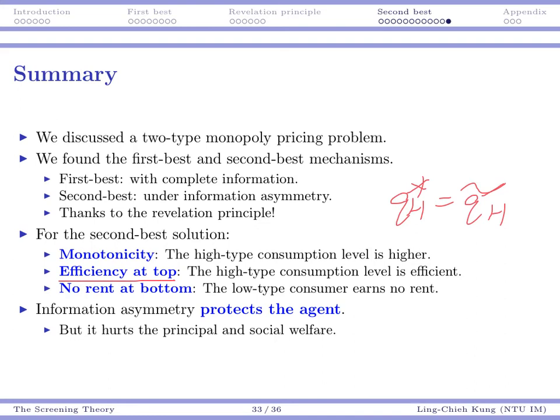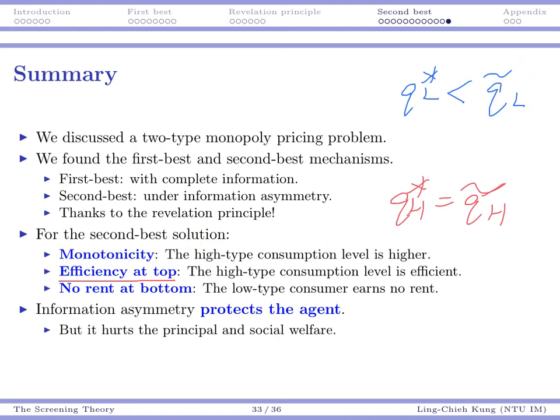Finally, don't forget that there is a downward distortion for the low type. For the low type, the second best consumption level is less than the first best consumption level. This is a downward distortion from the original efficient level to a smaller level. So information asymmetry creates these situations, creates the downward distortion.